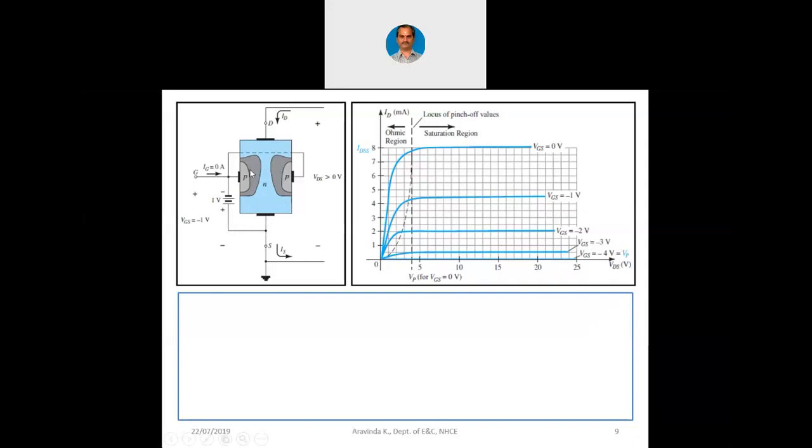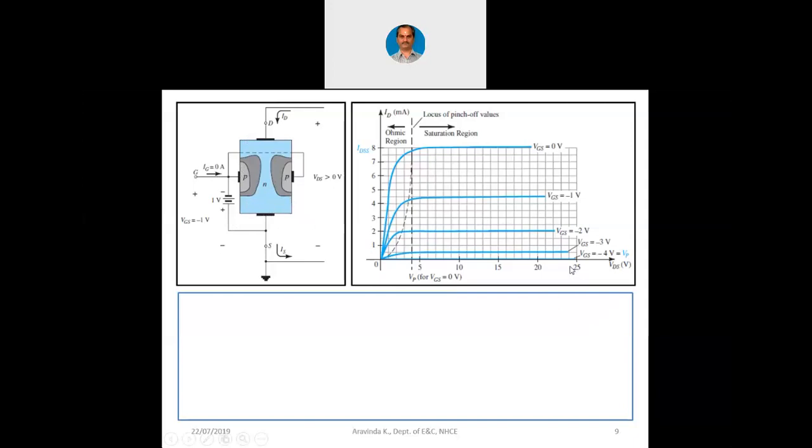Because whenever this diode is reverse biased, P is connected to negative and N is connected to positive. The other side is also N, connected to positive here, and here P is connected to negative. So there is a larger amount of reverse bias here. Whenever we apply a negative gate bias, there is a larger amount of reverse bias, and because of it the transistor may not conduct at all.